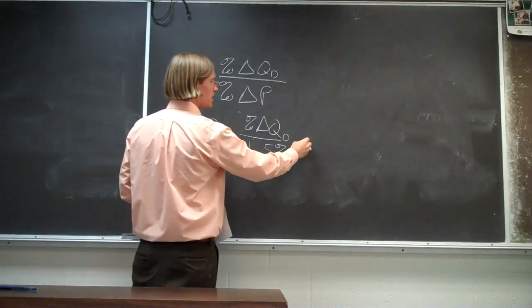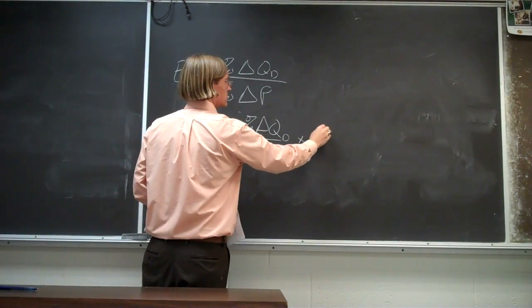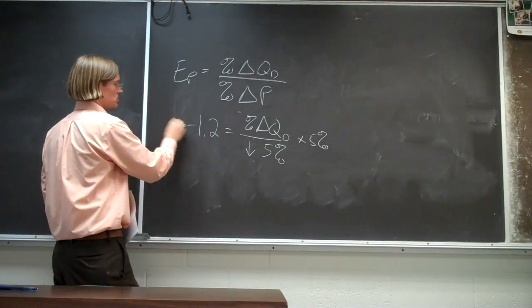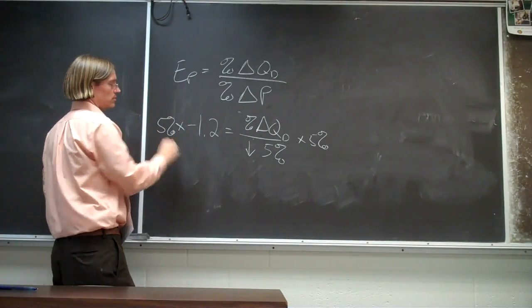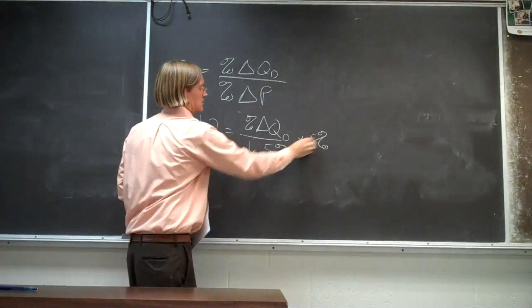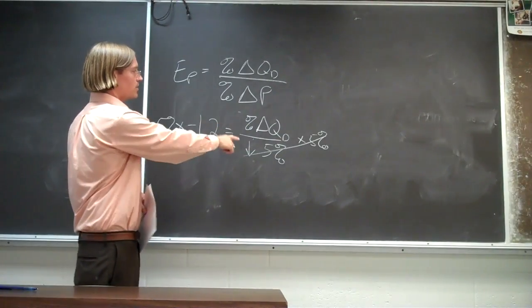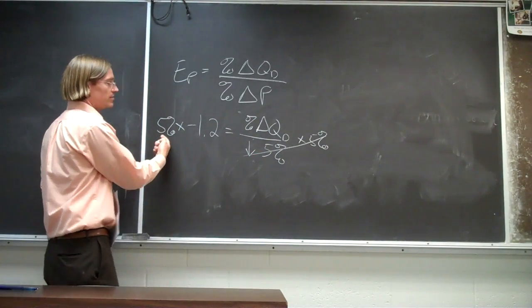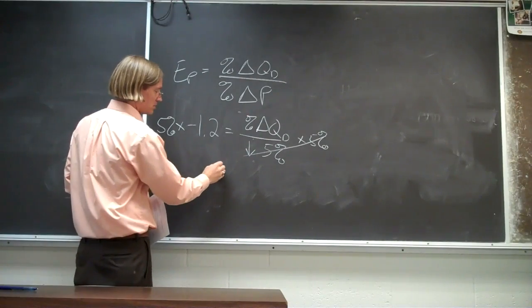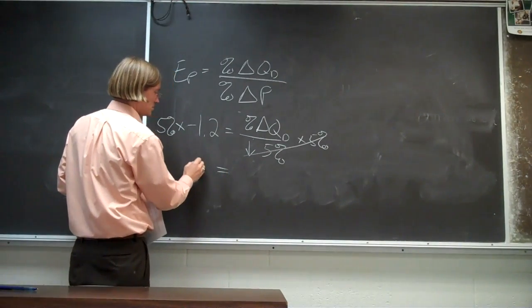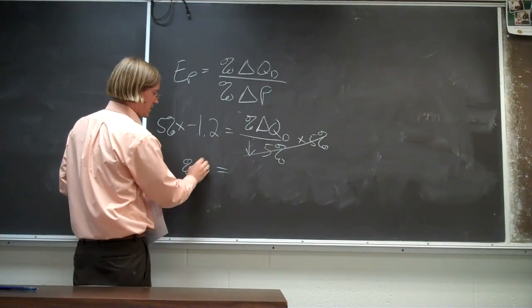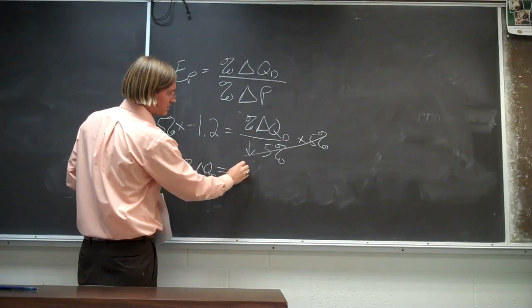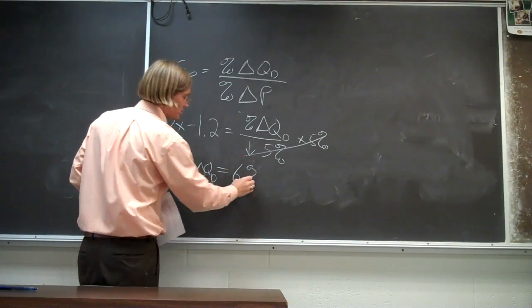We can just multiply both sides by 5%. A little algebra, those will cross out. So our percent change in the quantity demanded is going to be 5 times negative 1.2, which is about 6%.